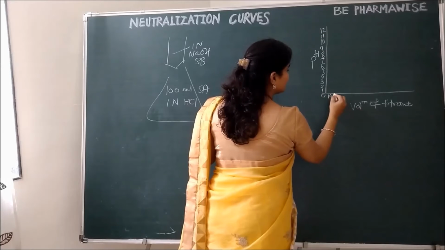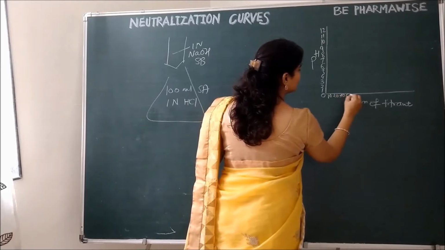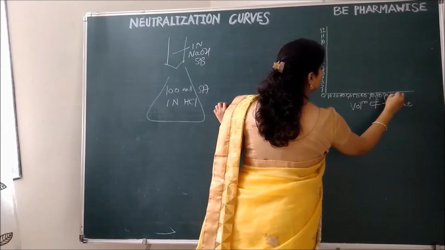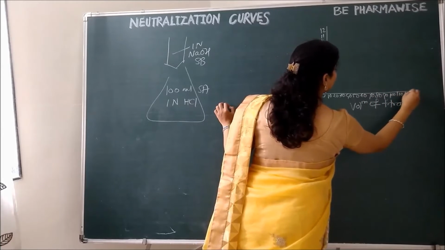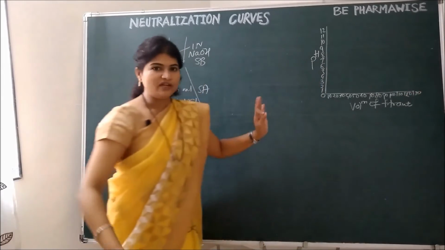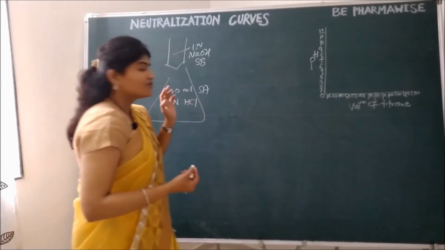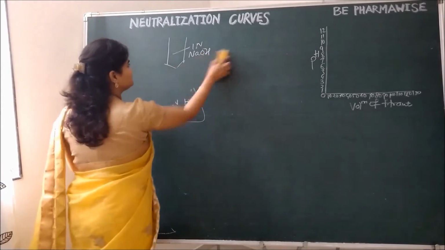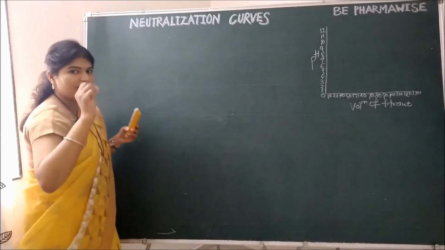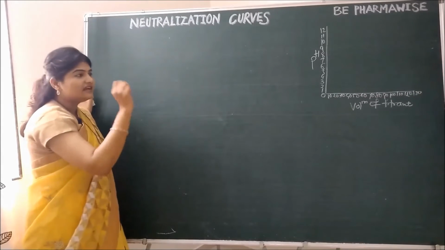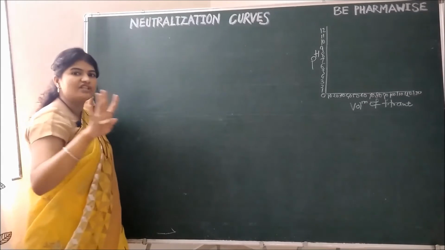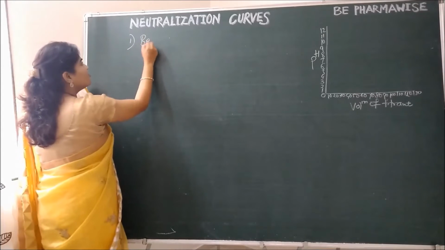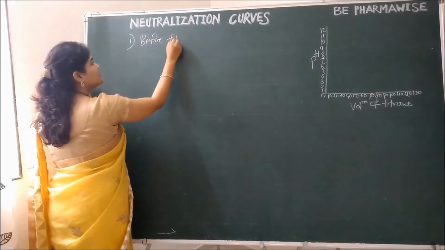And here I will take 10, 20, 30, 40, 50, 60, 70, 80, 90, 100, 110, 120, 130, etc. Okay, so now it is clear. So we will start with the example of strong acid, strong base titration. Now pay attention. We will divide the course of titration in 4 points. First point will be before titration begins.